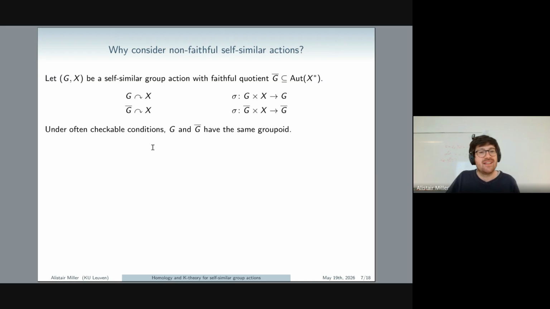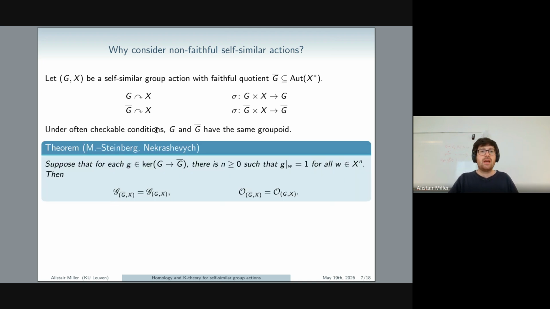But the point is, if we denote this faithful quotient, the image of our non-faithful self-similar group within the automorphism group, by G bar, then often we get the same groupoid and the same C-star algebra. So this is an observation really by Nekrashevych for C-star algebras, and we've just lifted that observation to the level of the groupoids.